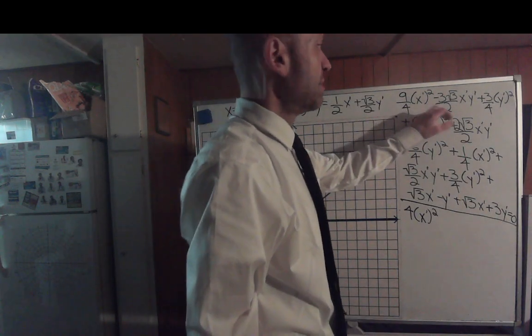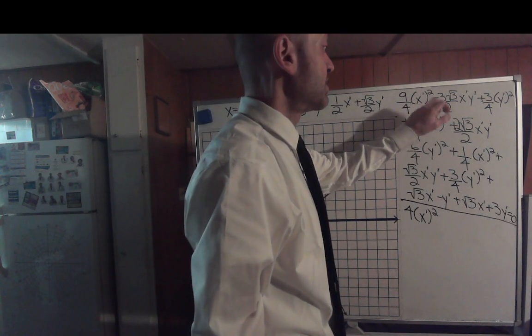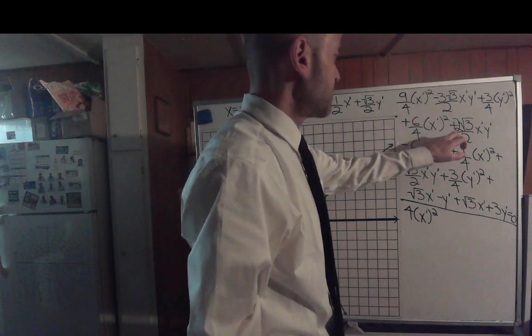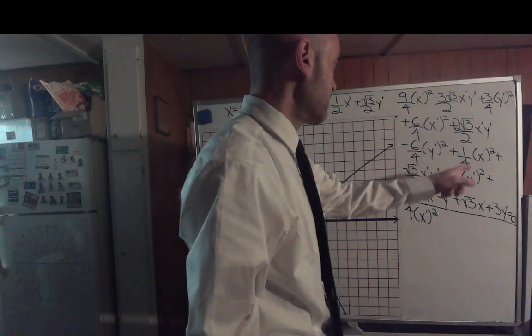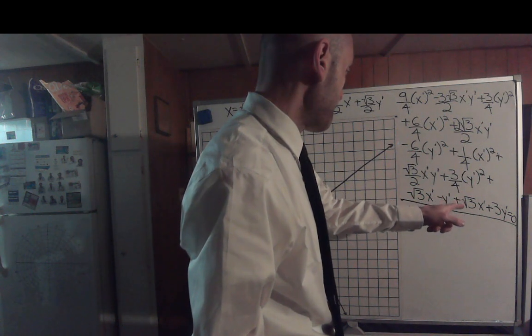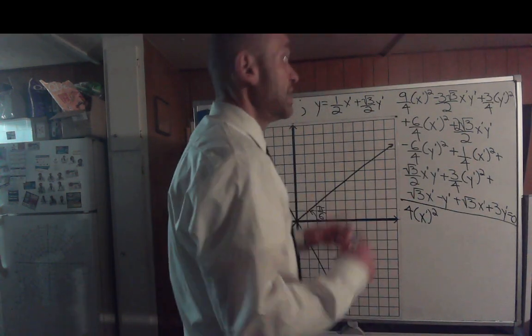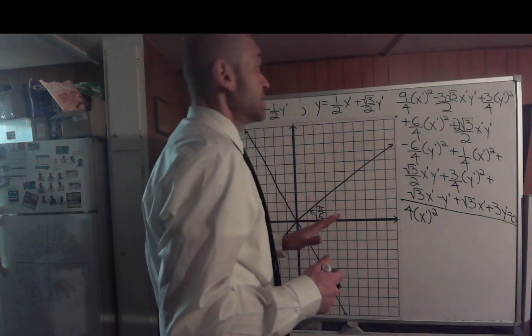So we've simplified the x prime squareds. Let's see if we can eliminate the x prime y prime term. So negative 3 times the square root of 3 over 2 plus 2 times the square root of 3 over 2. So that's negative square root of 3 over 2 plus square root of 3 over 2. That eliminates the x prime y prime variable. That's gone. Alright, next let's figure out the y prime squared.